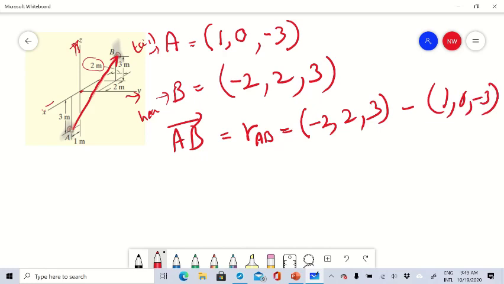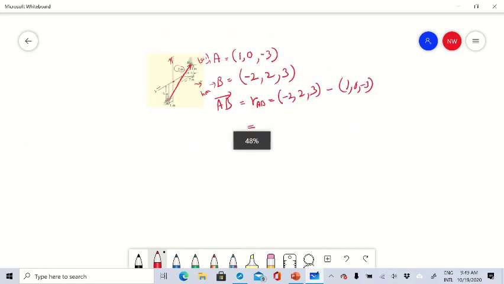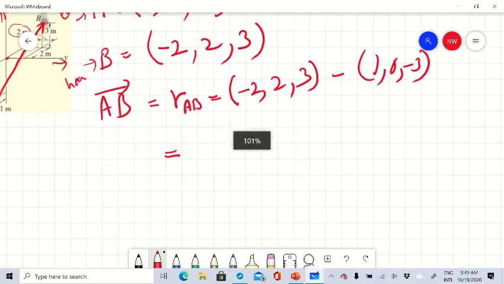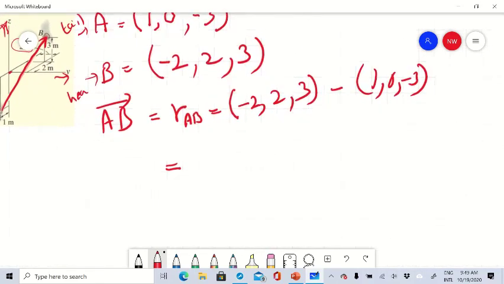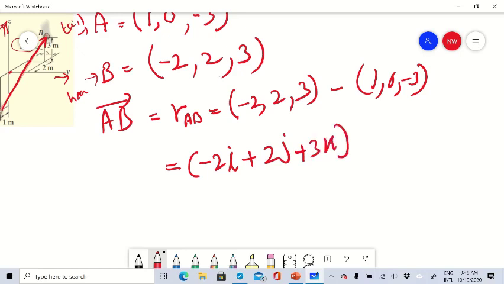So if I write in ijk form, I can write this as -2i plus 2j plus 3k, minus 1i plus 0j, which means 0, and minus 3k, right?